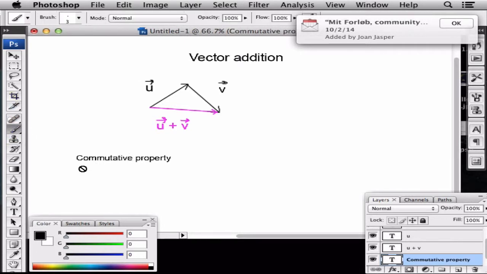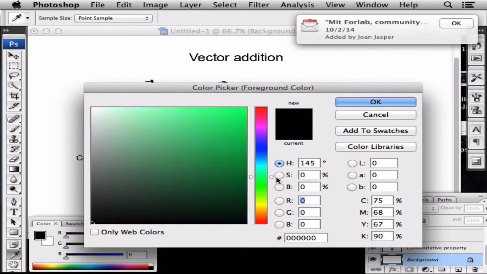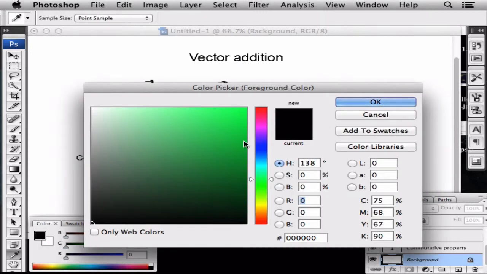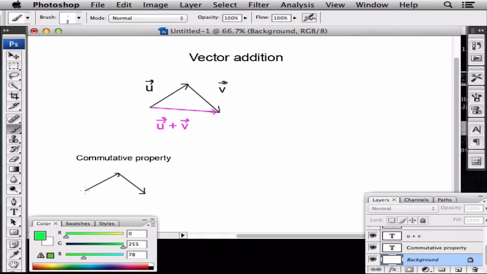I'm just going to draw what that is in geometry, like this. I have u and v. Another color. So we do it the other way around. We start at the same place and we put the other vector first, and then the second vector.